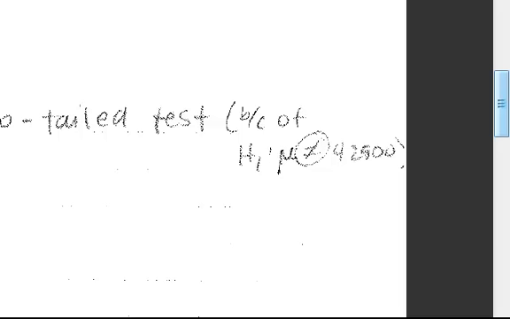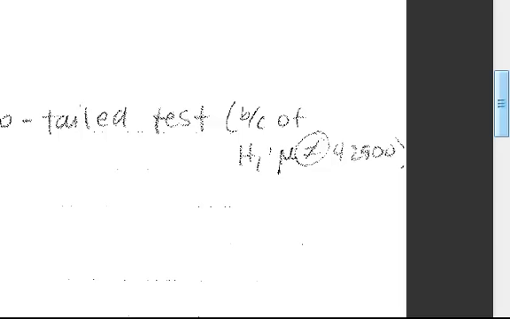The second step is determining which distribution you're going to use. So I have an N of 15. This is a small sample, and when we have small samples, we use T. So that's very simple. The third step is to figure out your critical value. We have an alpha level of 0.05. Our N is 15. We know we're using T, so we have to use the degrees of freedom, which is 14 because that's N minus 1.